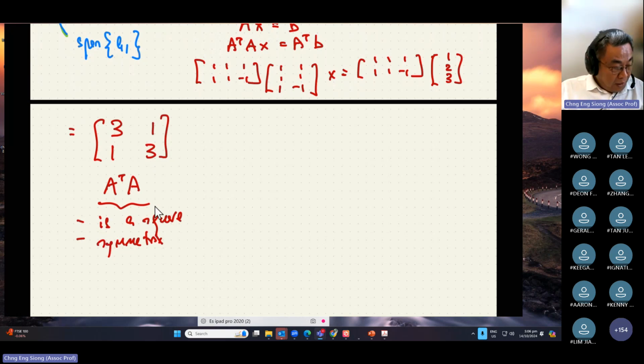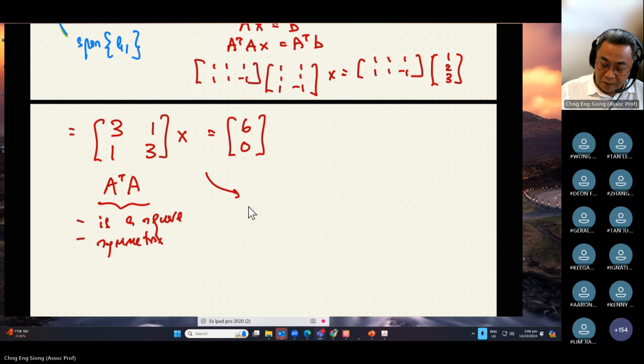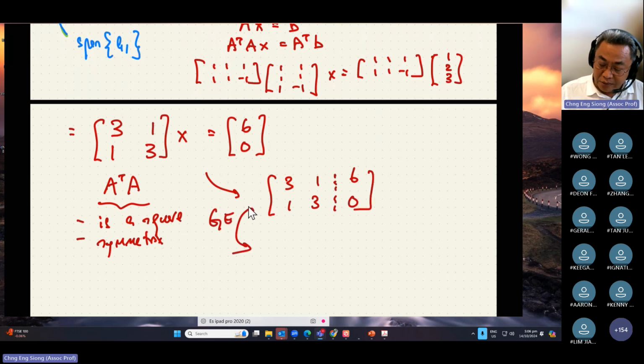We have this times x equals what's my right hand side? [1, 1, 1] times [1, 2, 3] is 6, and I have 0. So again, I write the augmented matrix [3, 1, 3; 1, 3, 0]... and you perform Gaussian elimination and you can find the solution.